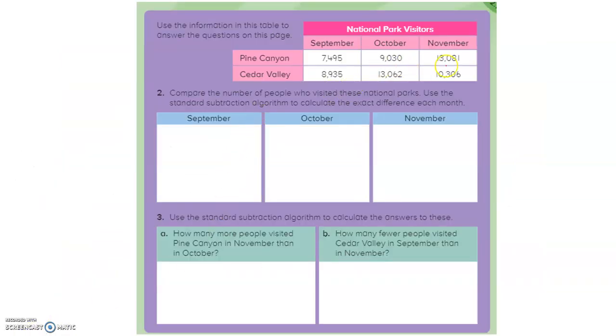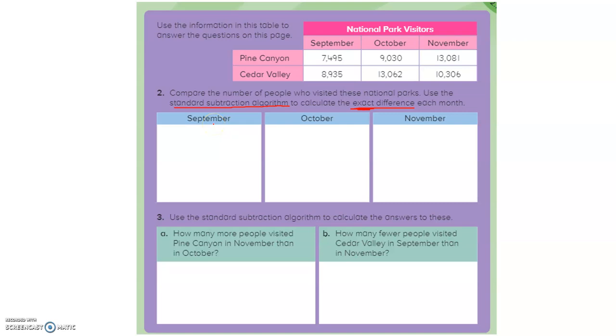Use the information in this table to answer the questions on this page. So compare the numbers of people who visited these national parks. Use the standard subtraction algorithm to calculate the exact difference each month. So you are not estimating, you are doing the exact amount.